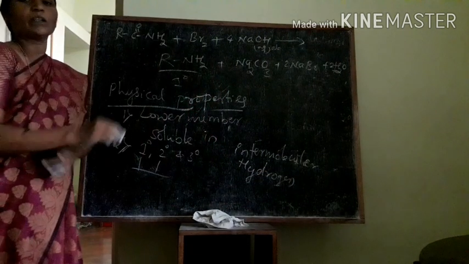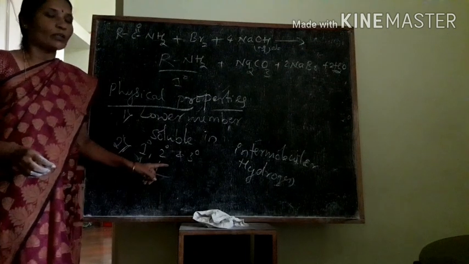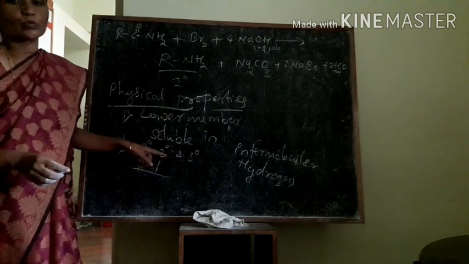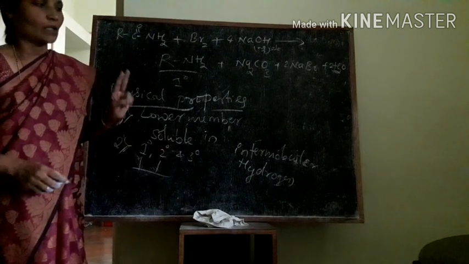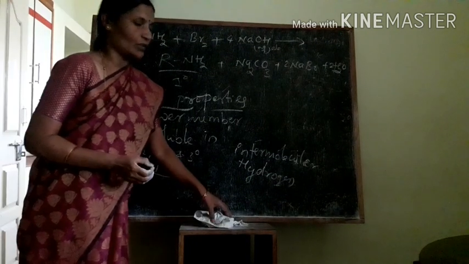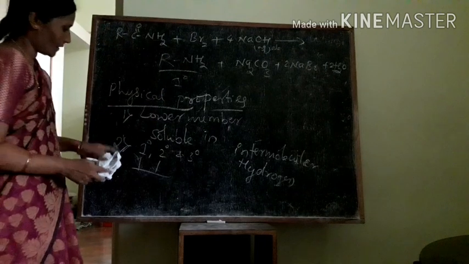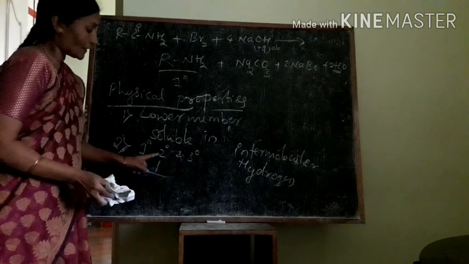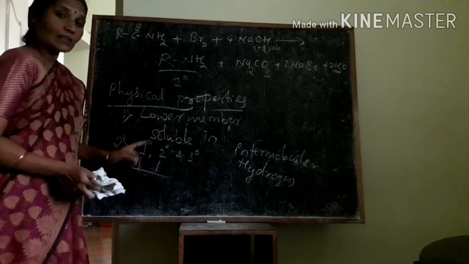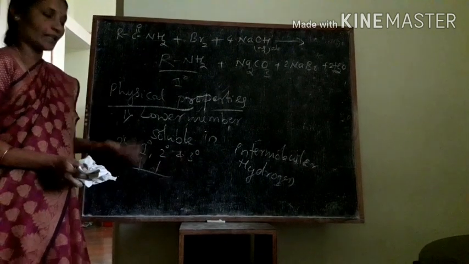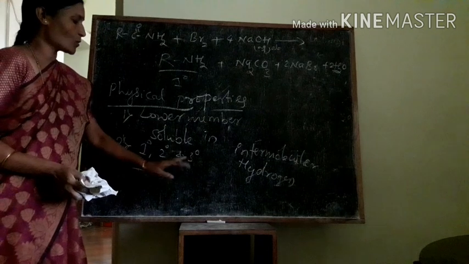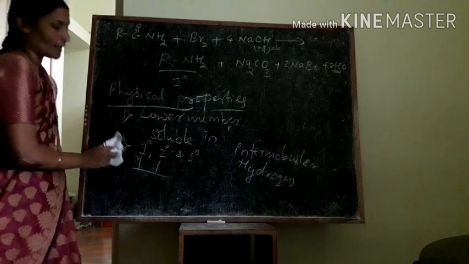Because there is an electronegative nitrogen atom and a hydrogen atom, and definitely between those two elements there is formation of hydrogen bonding. Hence in primary and secondary, nitrogen as well as hydrogen is there, but in tertiary there is absence of hydrogen, hence no intermolecular hydrogen bonding.